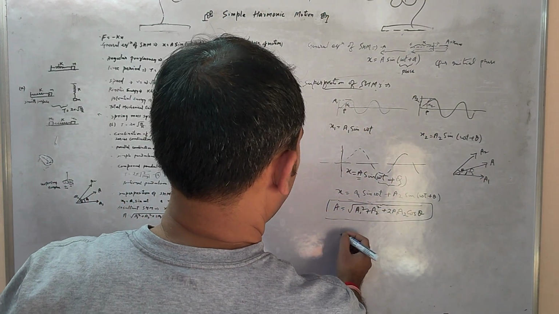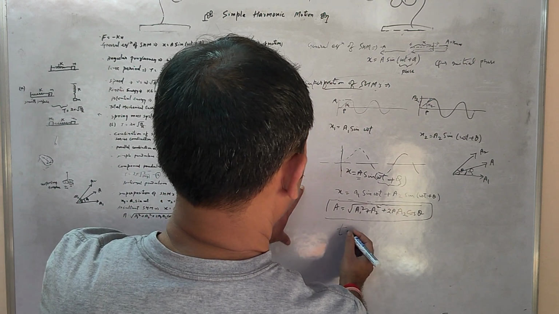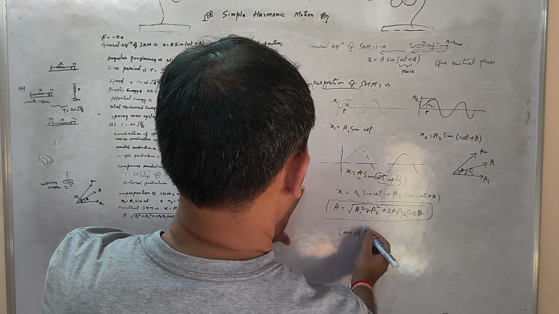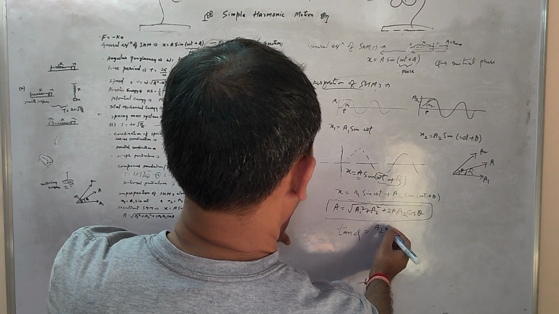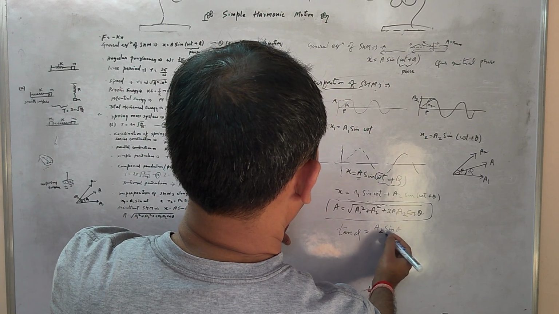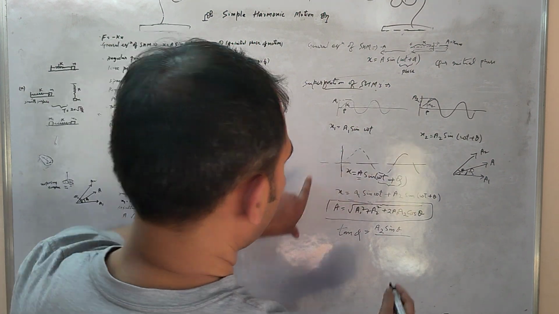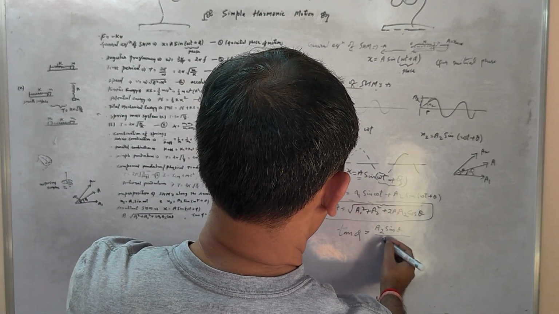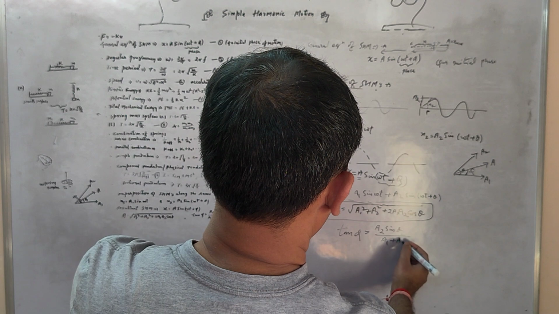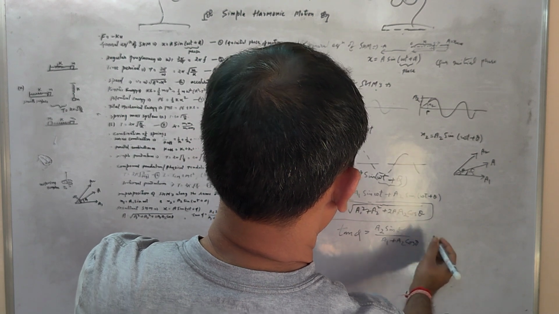Then tan phi will be equal to a2 sin theta, where theta is the phase difference between x1 and x2, upon a1 plus a2 cos theta.